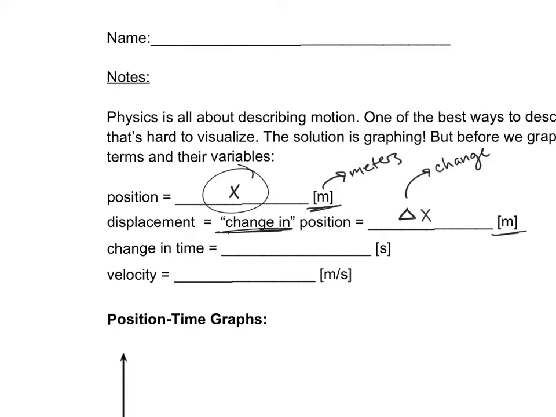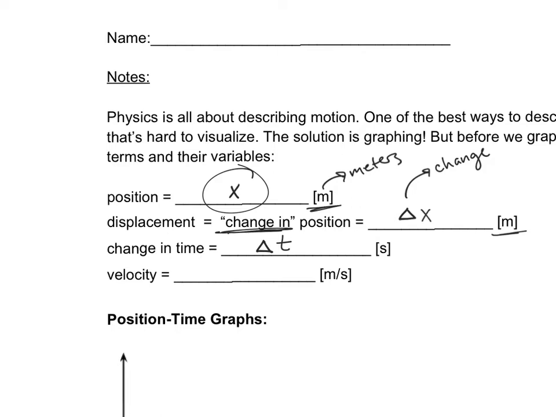Next up, we have change in time. Similarly, we are going to use a nice delta for the change, and time is the variable t. And lastly, we're also going to be looking at velocity, which is how fast something is moving in a particular direction.